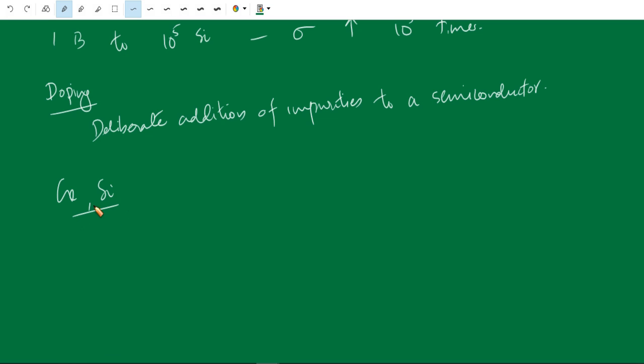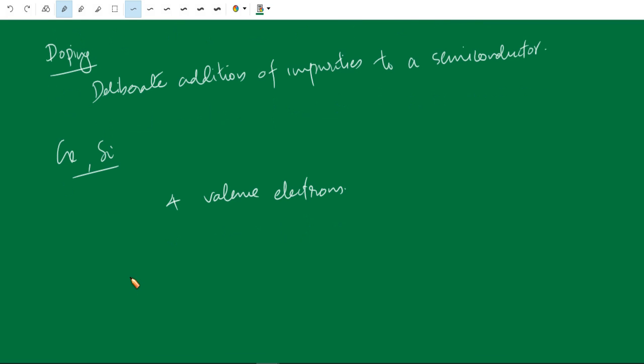Germanium and silicon have 4 valence electrons. There are 4 electrons in the valence shell, so they form 4 covalent bonds with the 4 nearest neighboring silicon atoms.